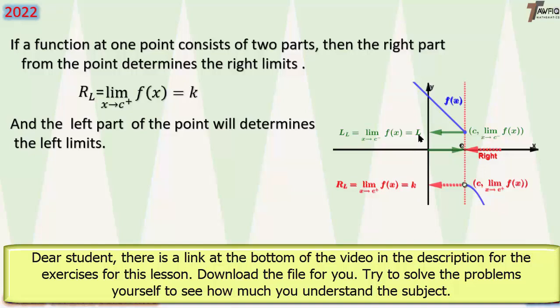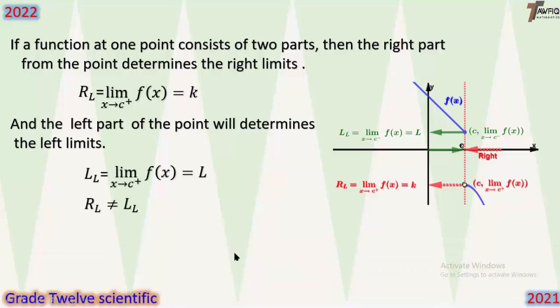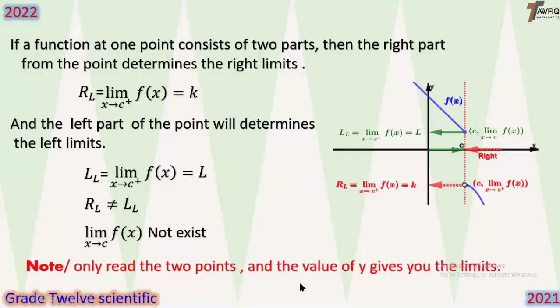As you can see, L is not equal to k. Therefore, the right limit is not equal to the left limit, and the limit does not exist. Only read the 2 points, and the value of y gives you the limit.